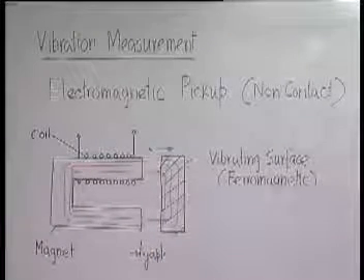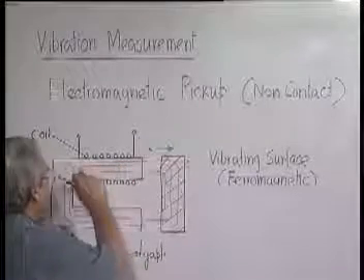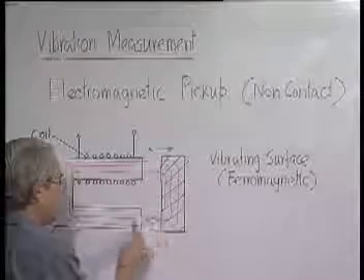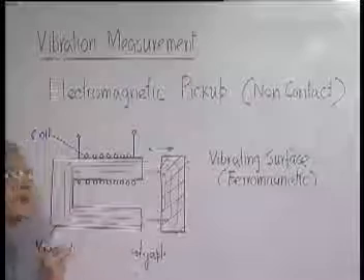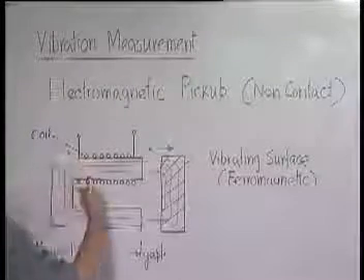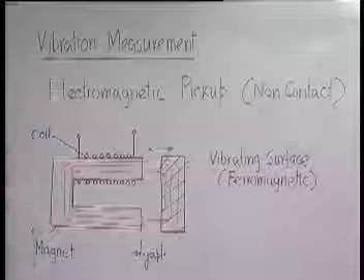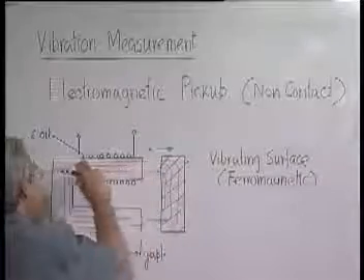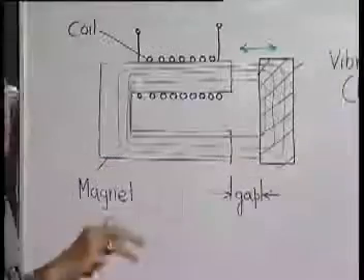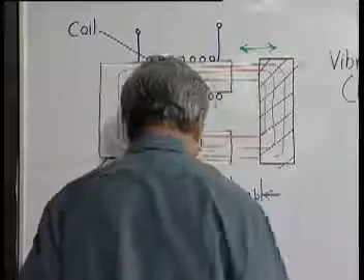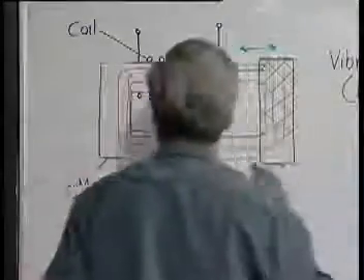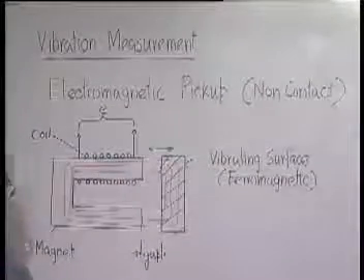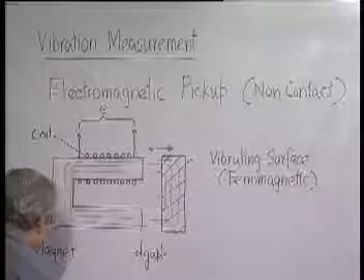The intensity of the flux depends on the gap. So as the gap fluctuates, the flux changes. Since this coil is there, we know from the basic theory of electromagnetic induction that when the flux inside a coil changes with time, a voltage is developed. So we will get a voltage generated here.